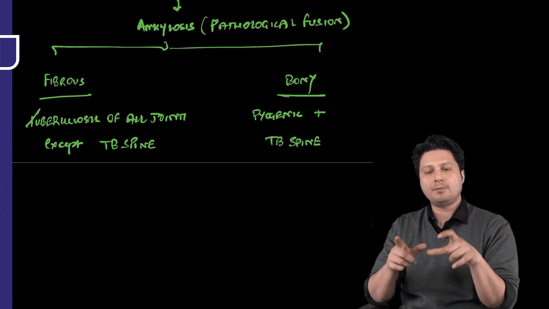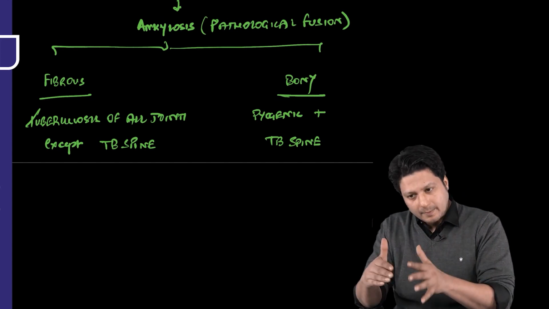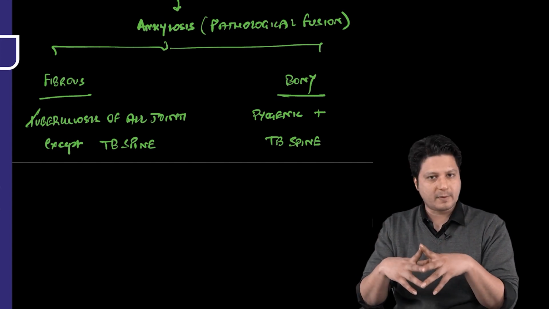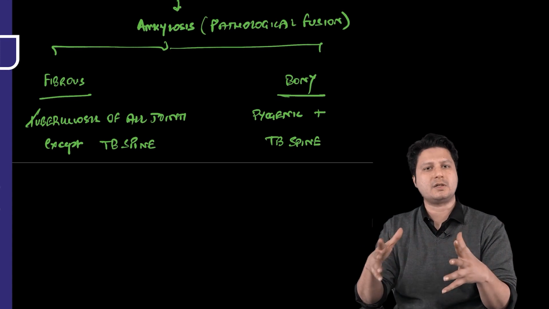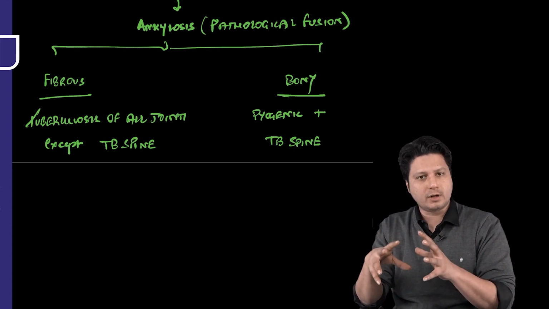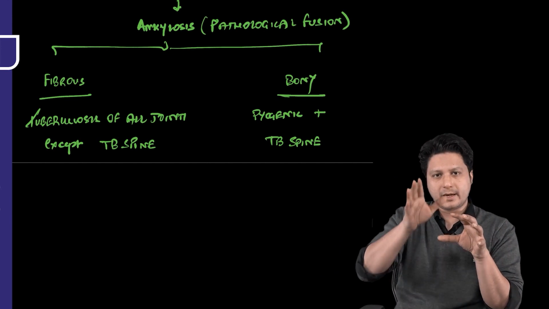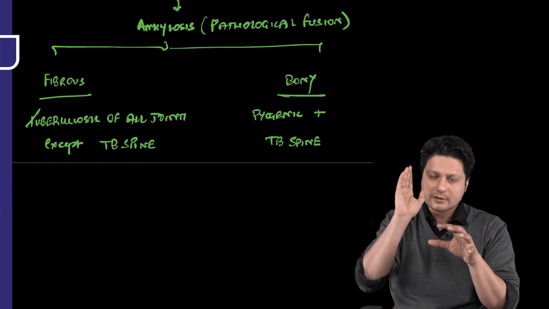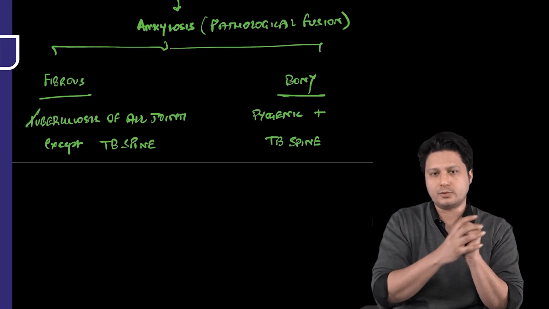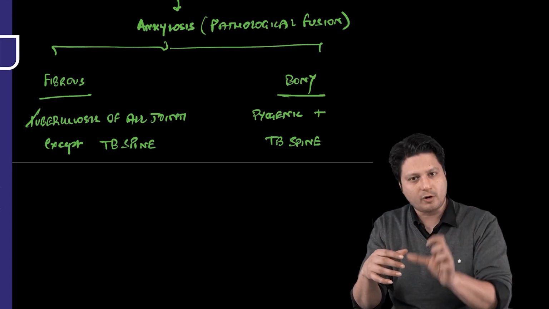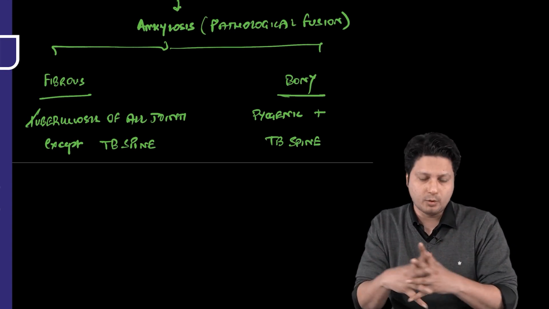TB spine is not healing by fibrous ankylosis. The ultimate natural outcome of tuberculosis of the spine is bony ankylosis, and there are reasons for that, but you need not go into the depth of those reasons. All you have to remember is that TB spine is one such exception which does not ankylose by fibrosis. It gets ankylosed by bone formation between the 2 suffering bones.